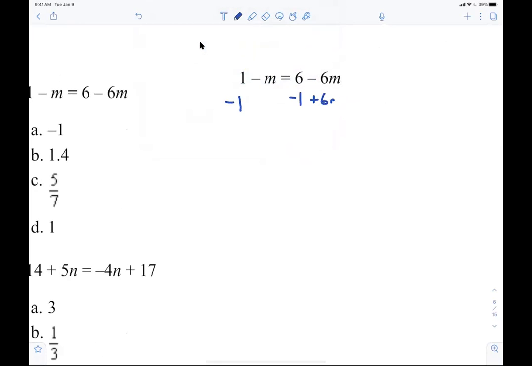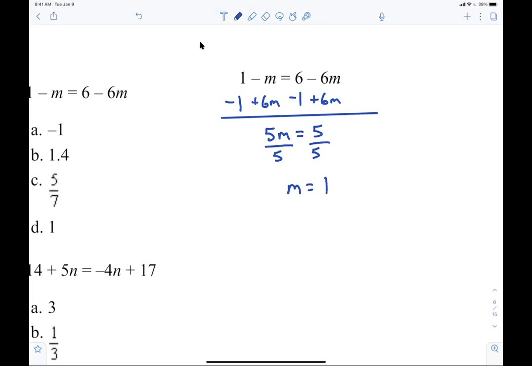Plus 6m, plus 6m. 5m equals 5. Now what? Divide by 5. m equals 1. Everybody okay with that?